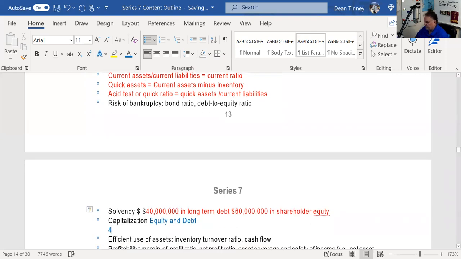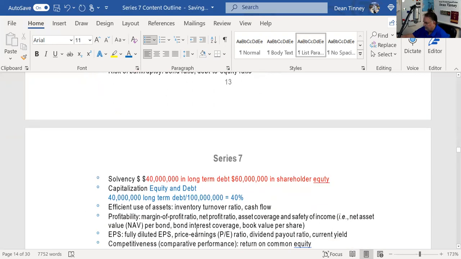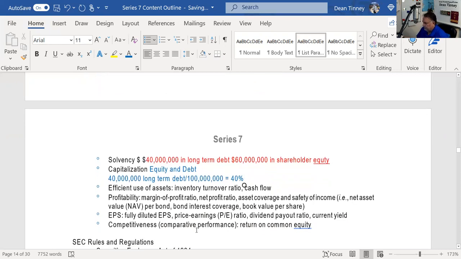So what we're going to do is take the 40 million in bond money, long-term debt, and divide by our total cap, which is our total capitalization, which is 100 million. And when we do that, we find out that we have debt to equity of total debt. Debt to equity is kind of a misnomer because it's actually debt to total capitalization. And when we do this, we find out that 40 cents of every dollar actually belongs to the bondholders. And again, that may or may not threaten our solvency.